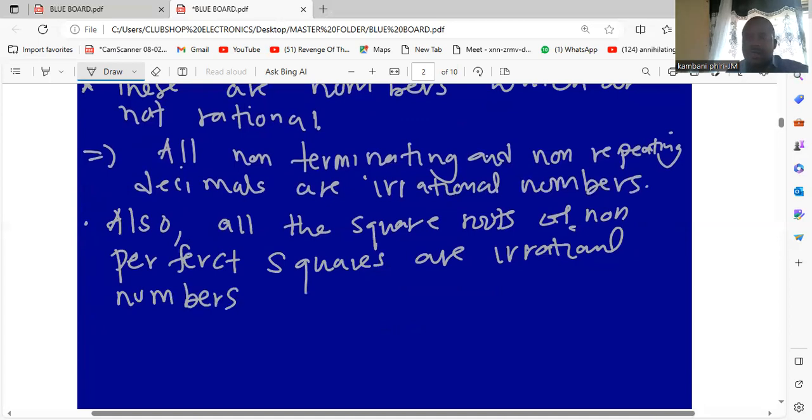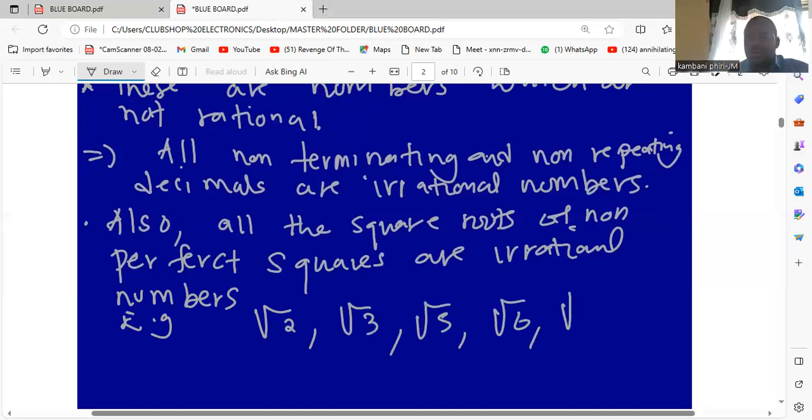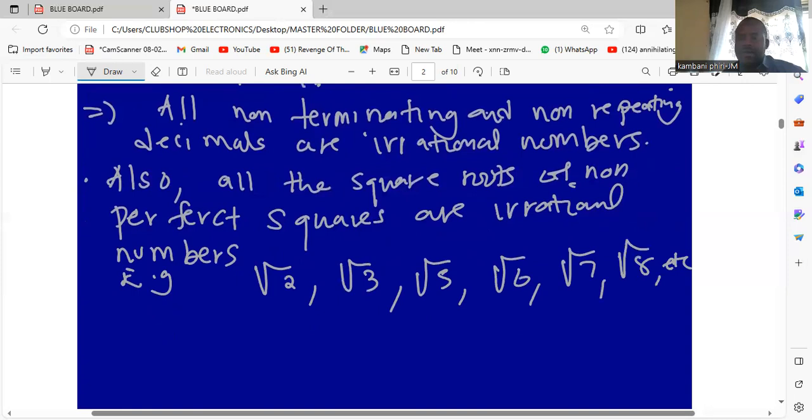For example, square root of 2, square root of 3, square root of 5, square root of 6, square root of 7, square root of 8, etc. These are irrational numbers.